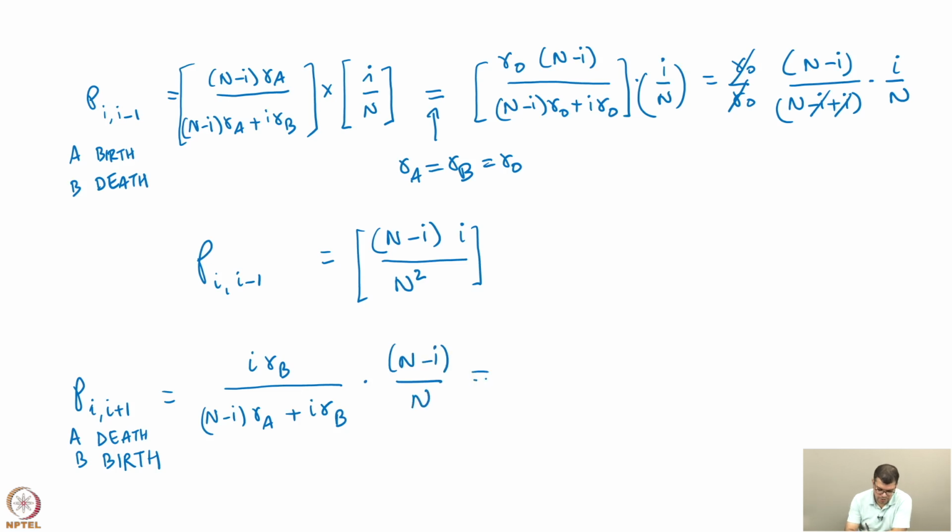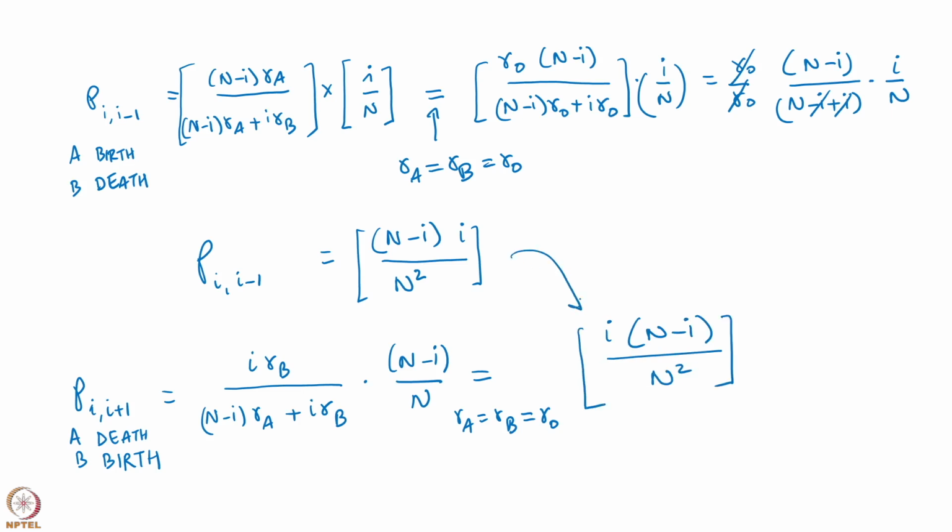Now I am going to substitute R A equal to R B equals R naught, and using the same analysis as before, this is going to give me I times n minus I divided by n square, which is the same expression as this.